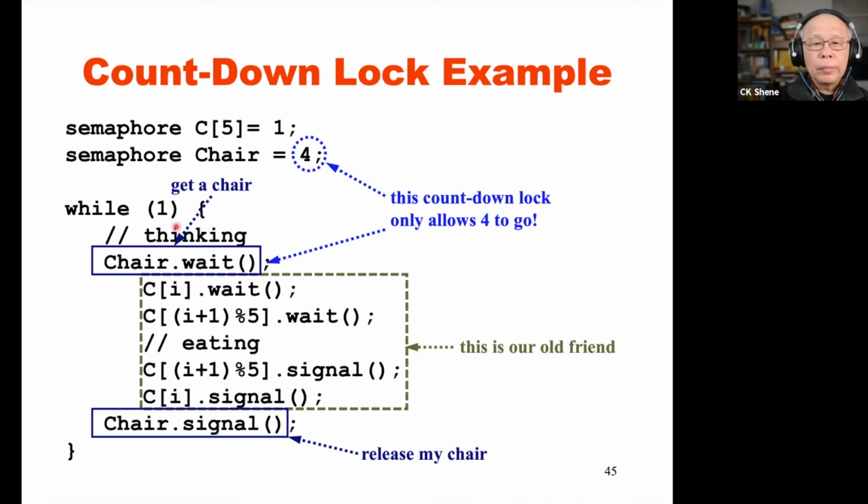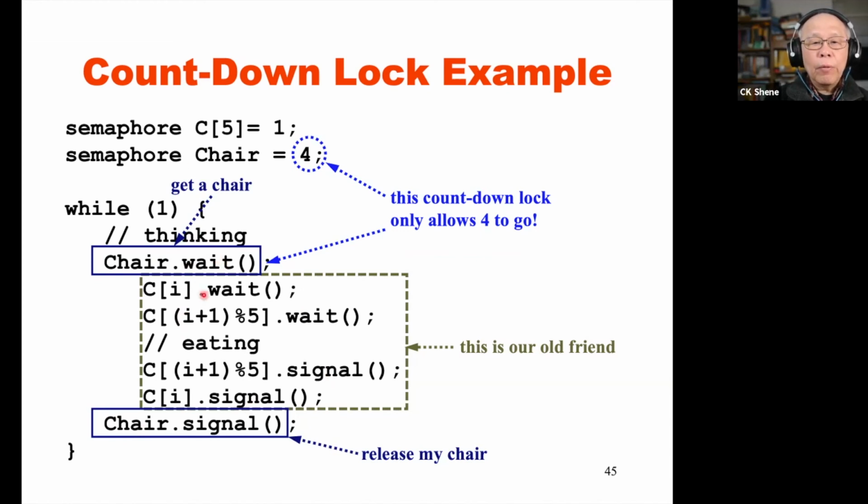So here, we just put everything in the initial solution with deadlock here. Pick up the left, pick up the right, eat, release the right, release the left. So this is what a philosopher does. Then we add the chair wait and chair signal here, because we are sure its initial value is 4.